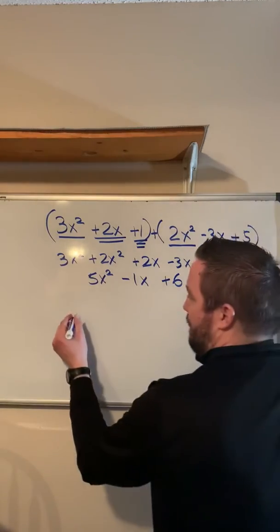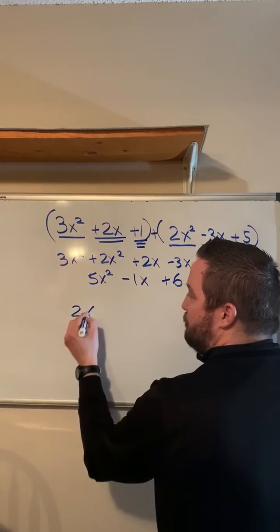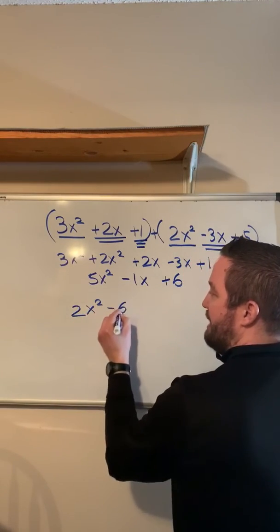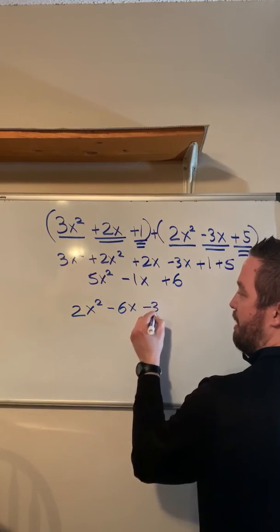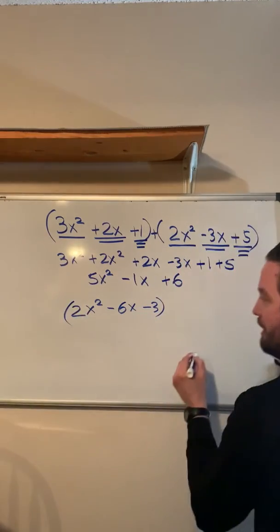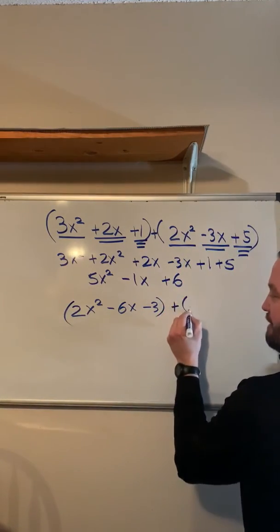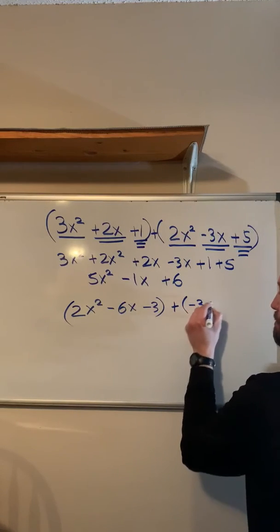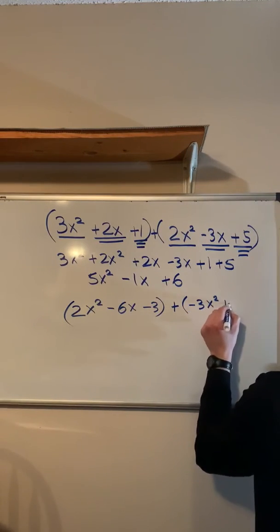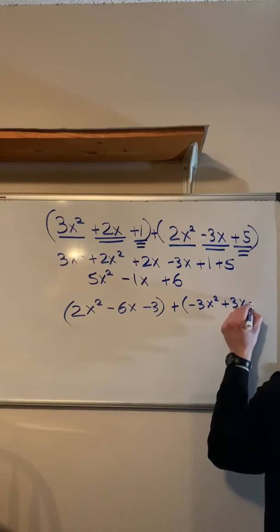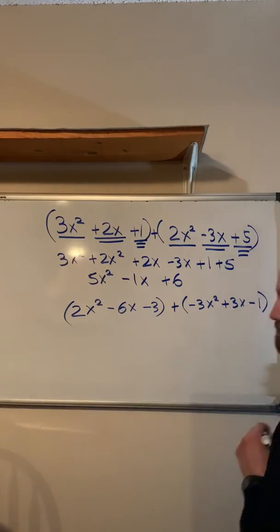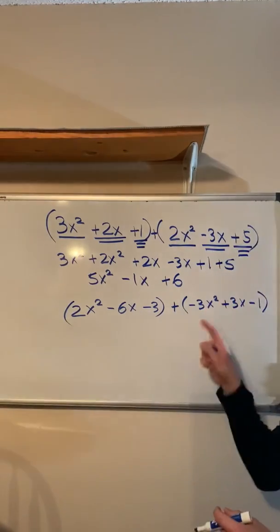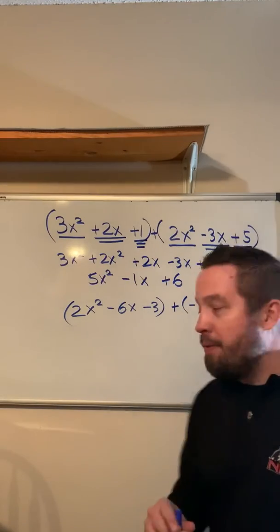Let's try one more. We've got 2x squared minus 6x minus 3, and then we're going to add that to negative 3x squared plus 3x minus 1. So again, I've got a trinomial and I'm adding to it another trinomial.